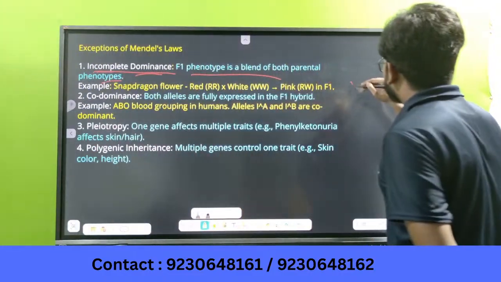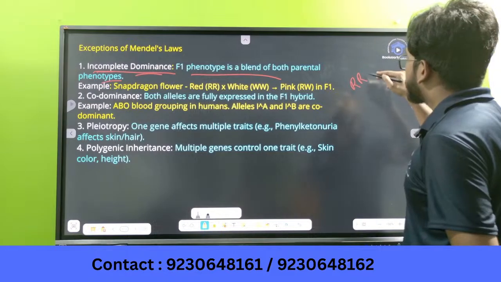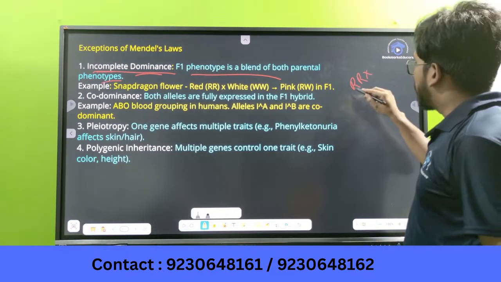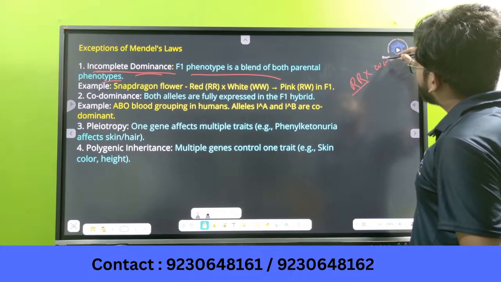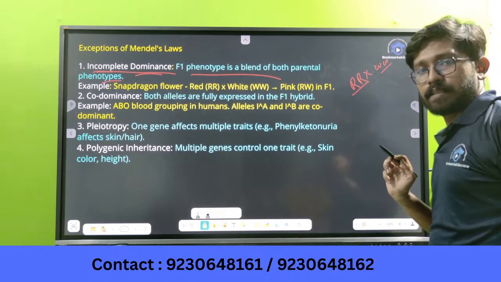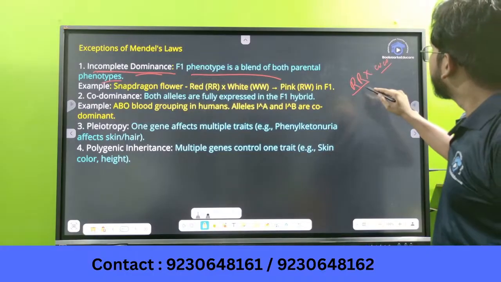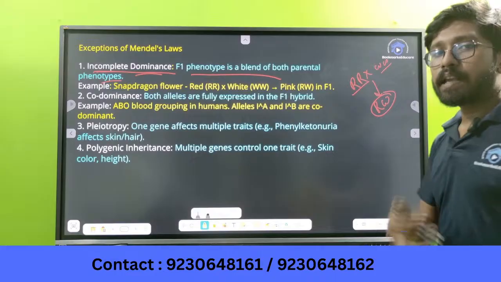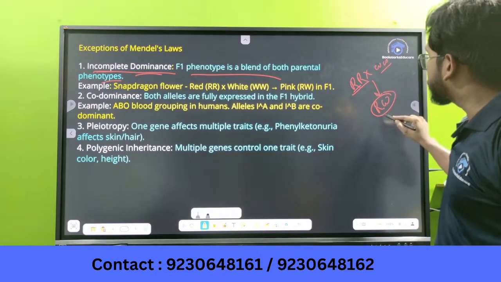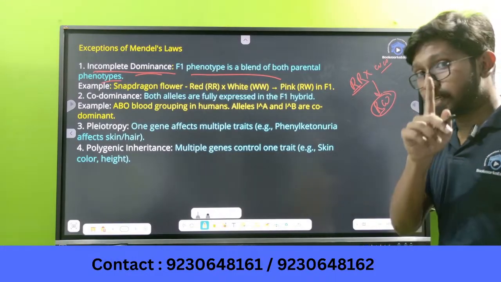Let's take a color. Suppose you have one flower with RR, red, which is the dominant characteristic, and then you have WW. This is a recessive characteristic. Now, if I mix it, it will become RW. And everybody thinks, obviously, if R is there, it will become red. But there is the problem.